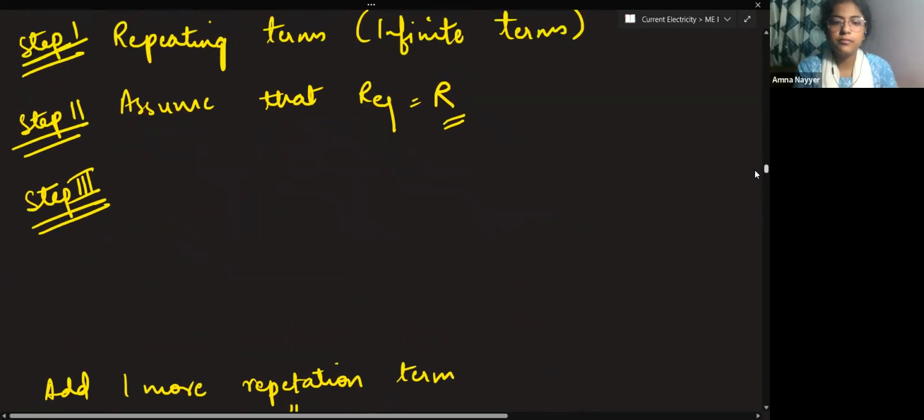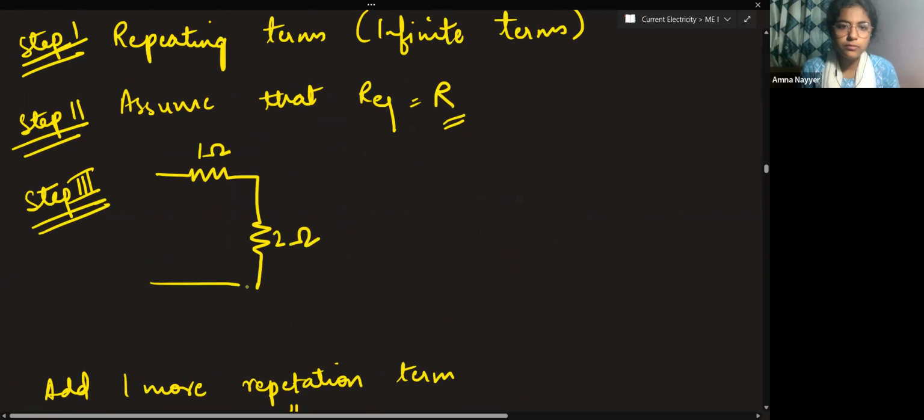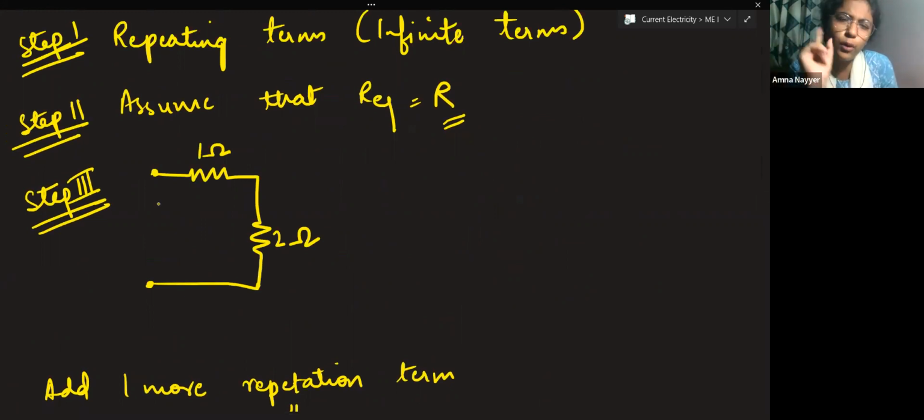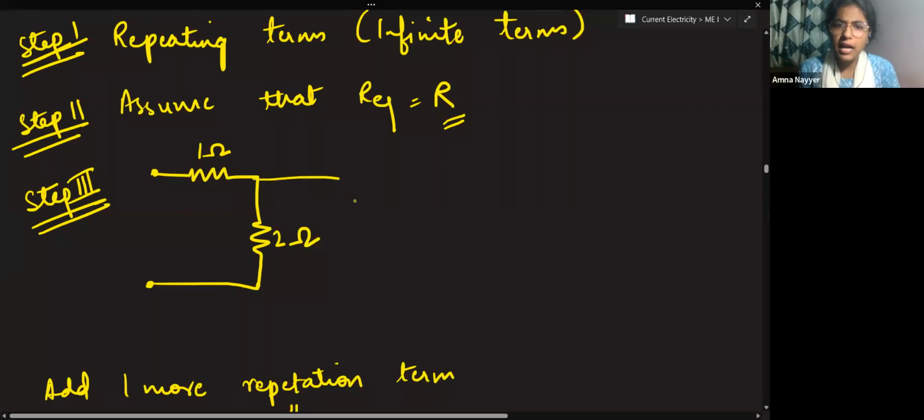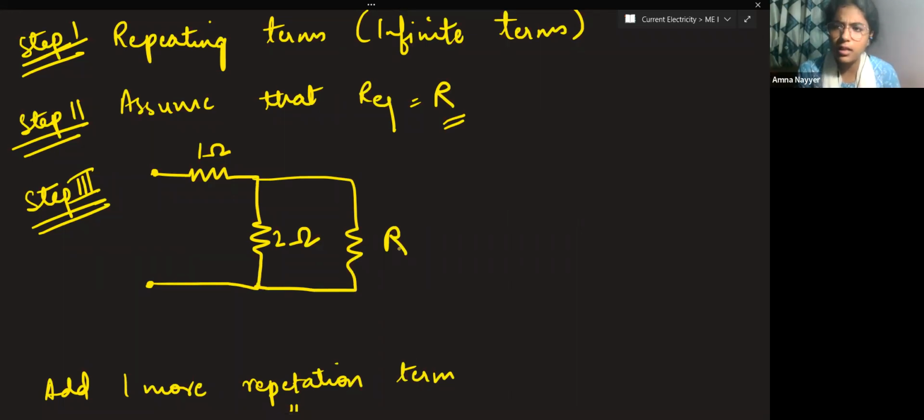This was the repeating term, 1 ohm, 2 ohm. So just one additional term, not more than one, I have added to this infinite resistance. I don't know its value, I have assumed my answer is R.